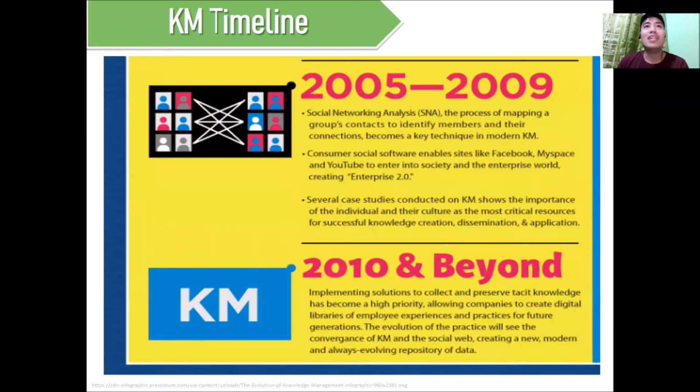Social networking analysis, the process of mapping a group's contacts to identify members and their connections, becomes a key technique in modern KM. Consumer social software enables sites like Facebook, MySpace, and YouTube to enter into society and the enterprise world, creating Enterprise 2.0. Here, it's no longer just documents; it's through the internet.